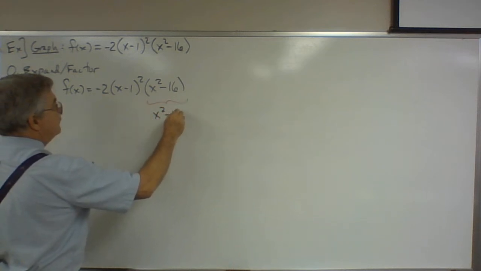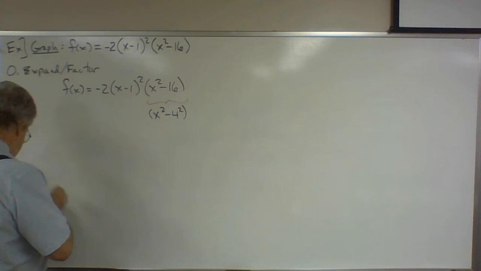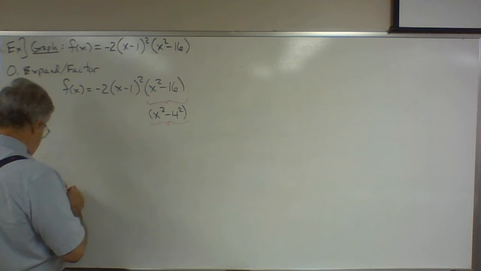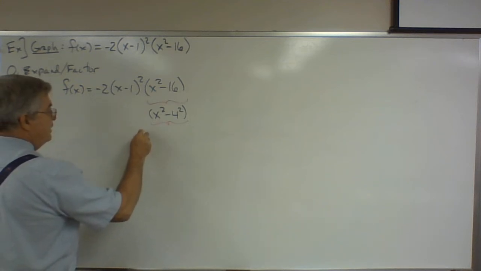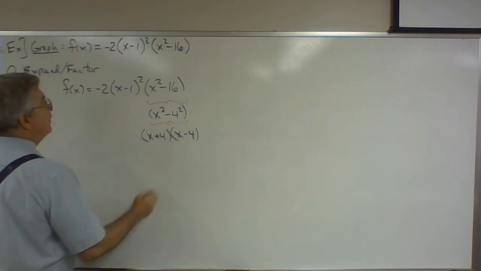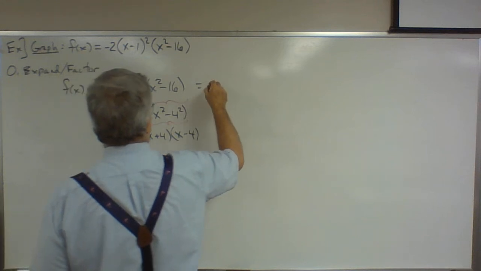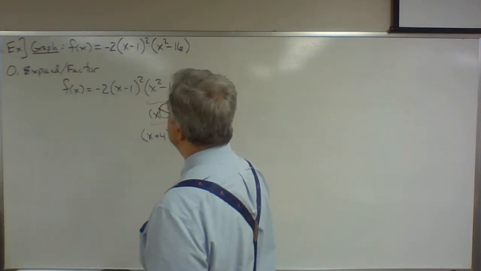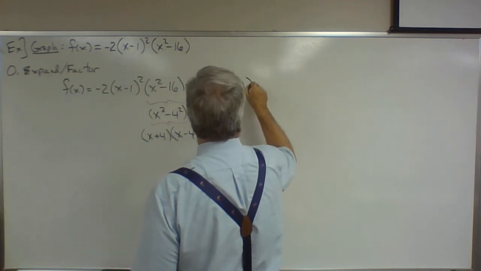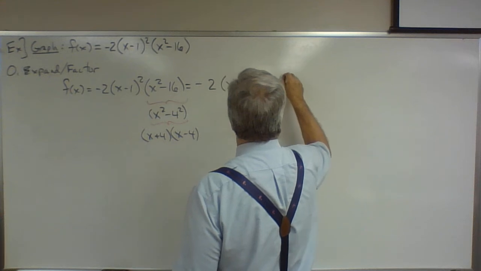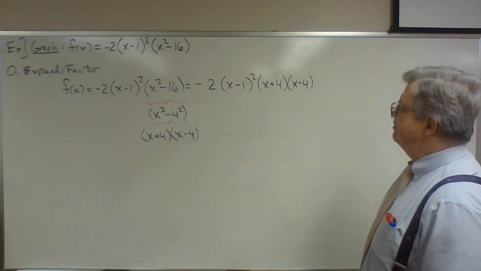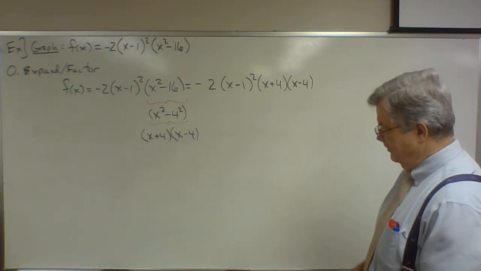X squared minus 4 squared. Yeah. And now I can see it's the difference of perfect squares, so it's going to be x plus 4 times x minus 4. Okay, much better, much better.